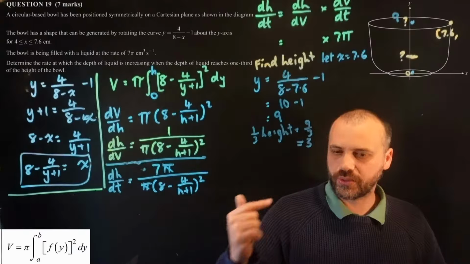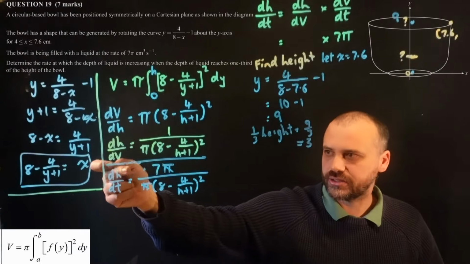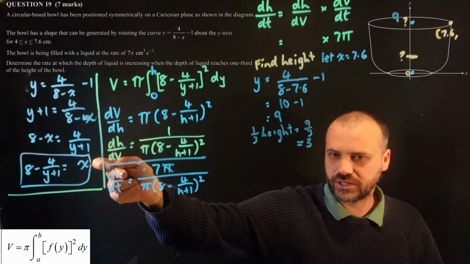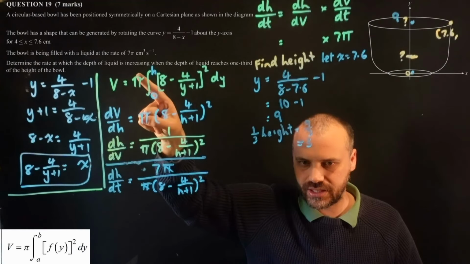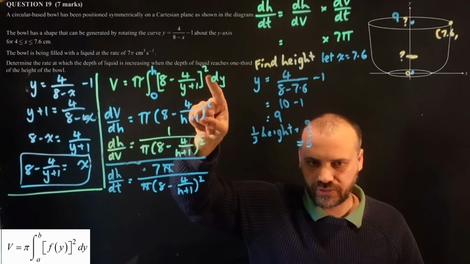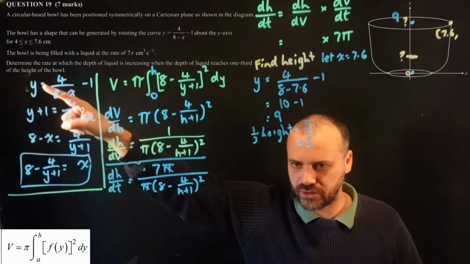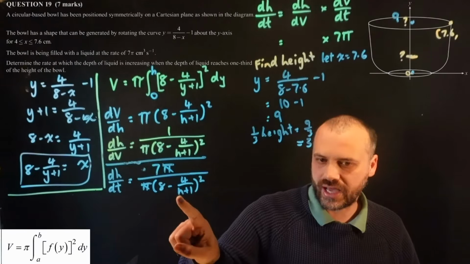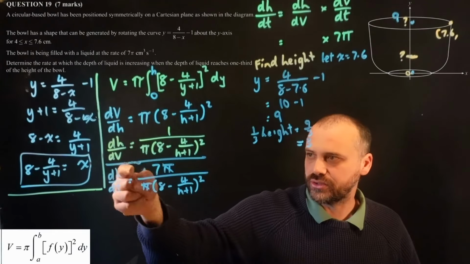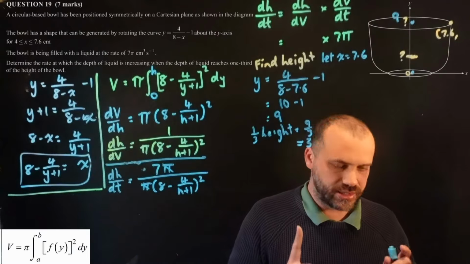So we want to know at what rate the height is changing, or determine the rate at which the depth of liquid is increasing when the depth of liquid reaches 1/3 of the height of the bowl. If I know h is equal to 3, I'll know the rate at which the height is increasing.